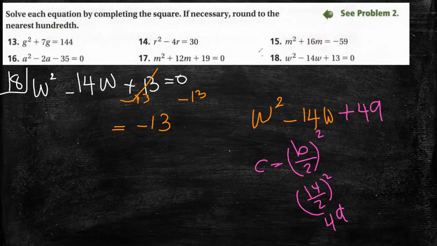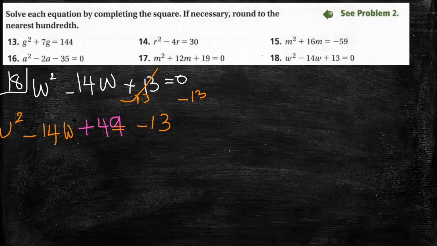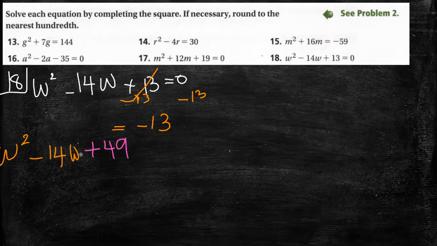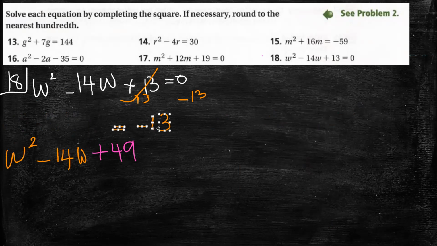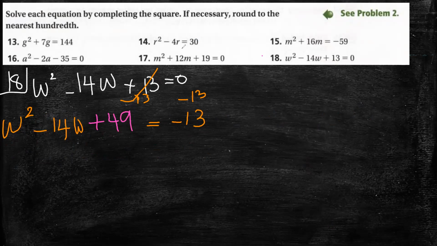Since I found c, I tell my equation to come back here. Then, since I add 49 to the first side, I must add 49 to the other side.